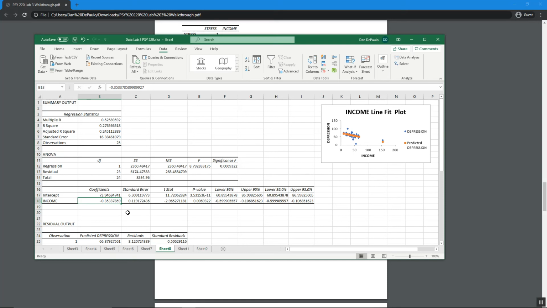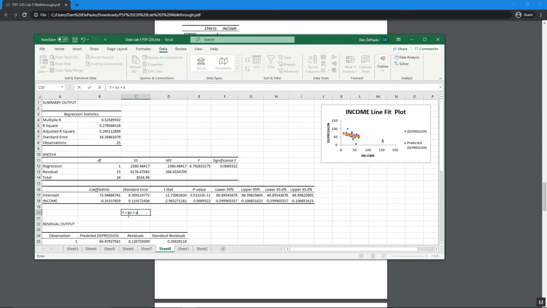So how do we write the line? Well, the line is y hat, predicted y, equals... Now remember the formula is bx plus a.